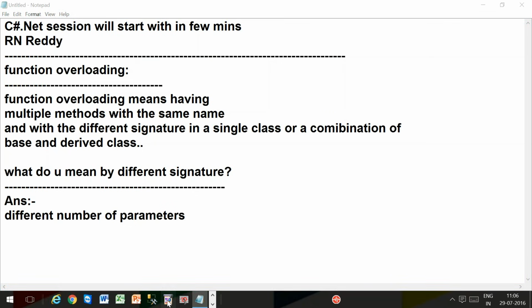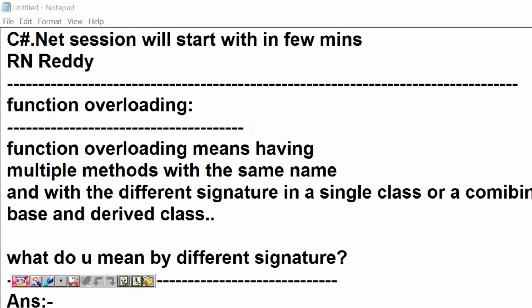So here different number of parameters means, very simple, there is one function called print. First function is having how many parameters?